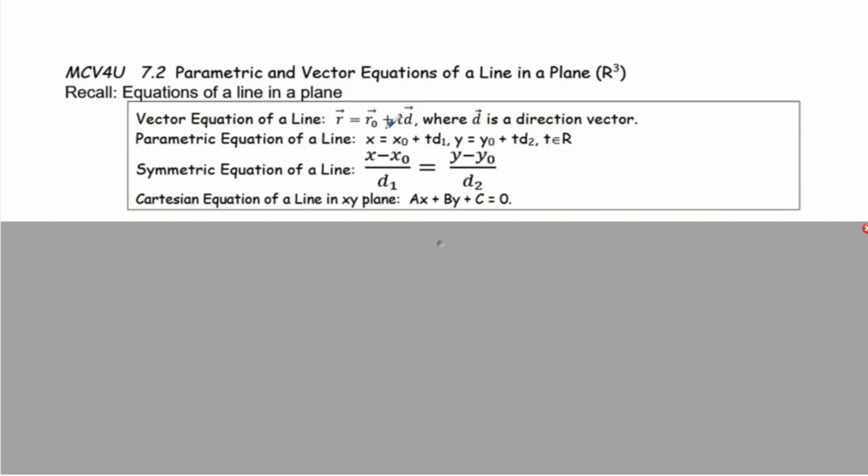So r equals r0 plus td. r0 is just 1 point on the line. Then the direction vector is d. So r0 plus t times d will give you the new vectors.